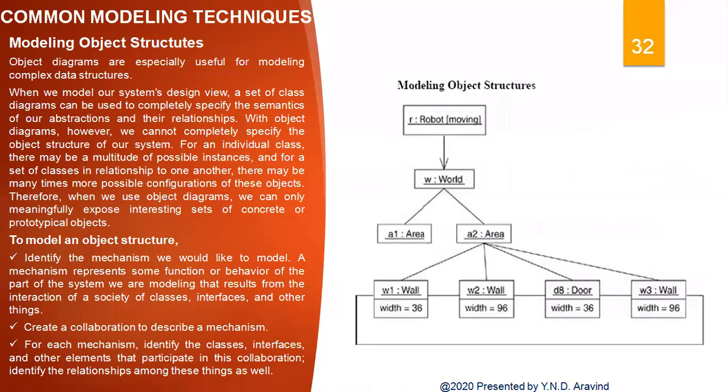Coming to the common modeling techniques, in modeling object structures, when we construct class diagrams, a component diagram or a deployment diagram, what we are really doing is capturing the set of abstractions that are of interest to us as a group, and in that context, exposing their semantics and their relationships to other abstractions in the group. So these diagrams show only potentiality.